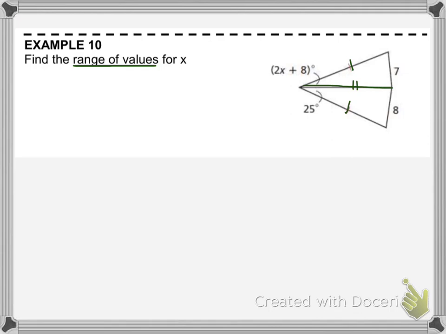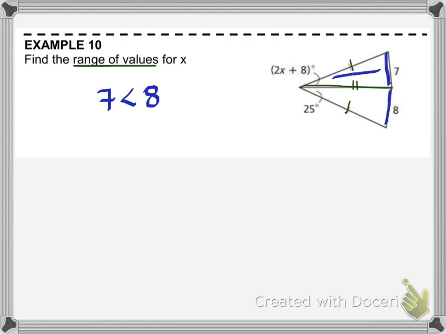Okay, so we need to look at the relationship between the remaining sides and the angles that are across from them. So I see that 7 is less than 8.